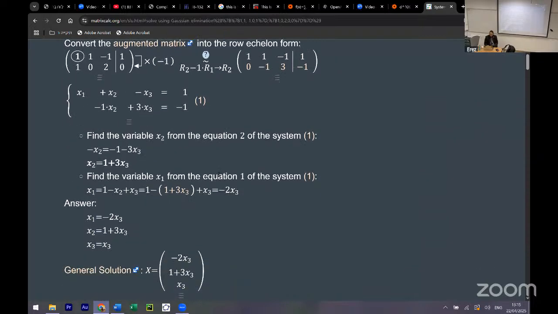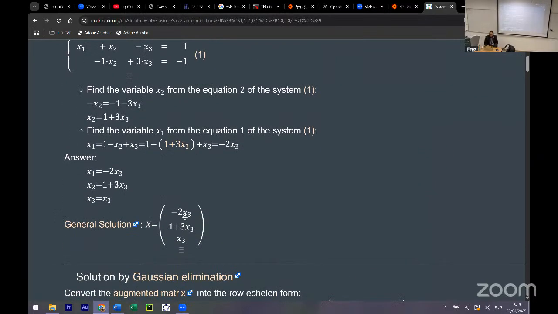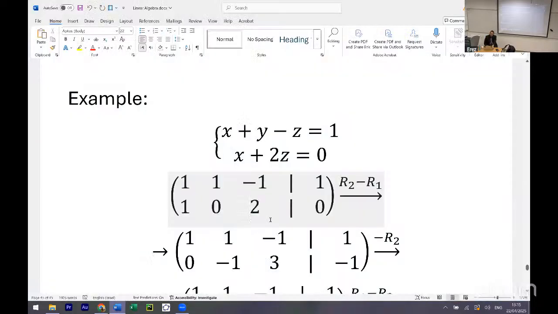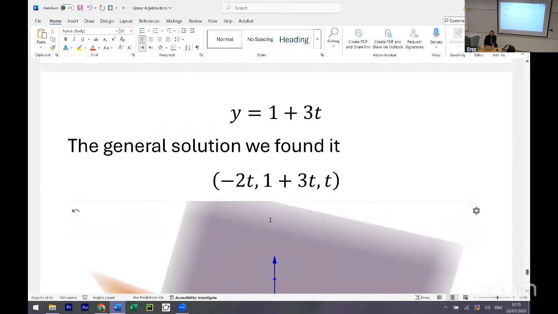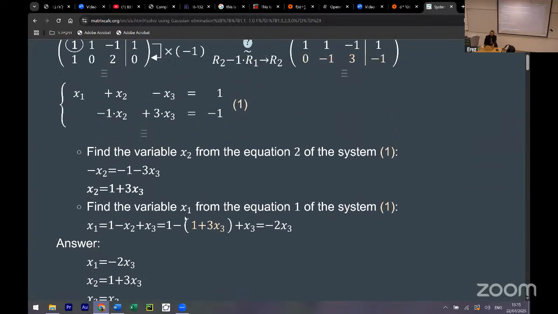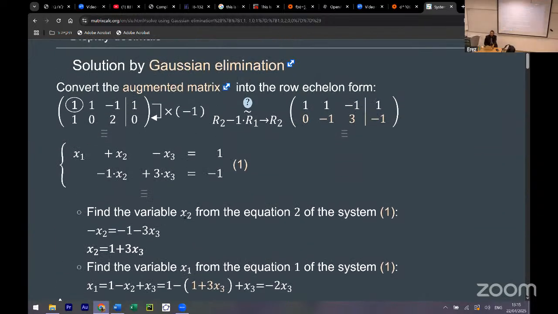What is the solution that it finds? Look at this. So x3 is free. We switched its name to T. We like to substitute a parameter in it. And what is the solution? We got minus 2 times T, 1 plus 3 times T, and T. Exactly what we got. So that will help you.